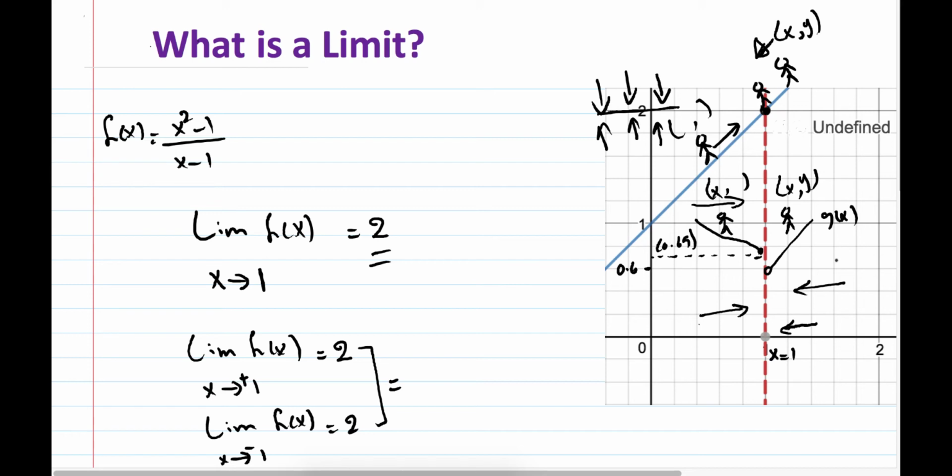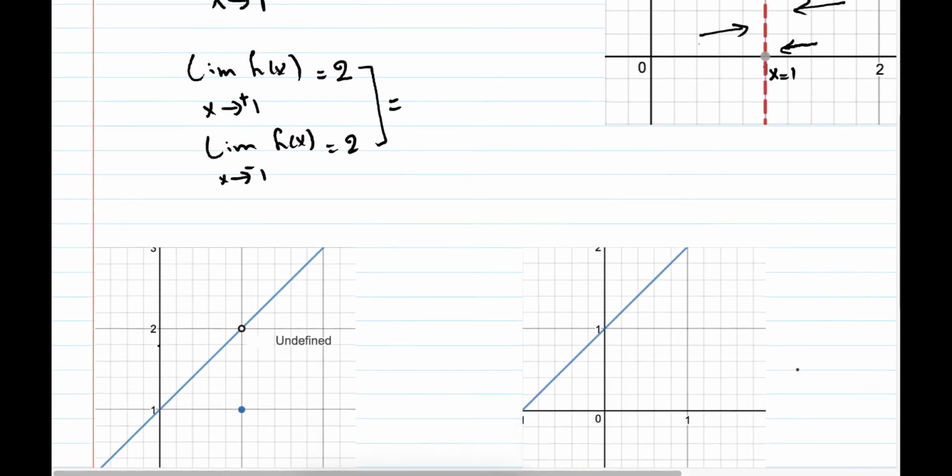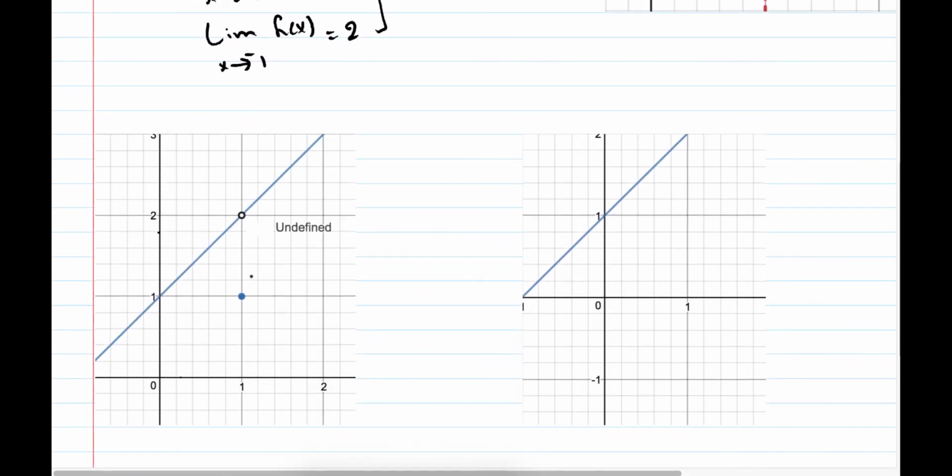And again and again, we are not interested in the value of the function at that particular x value. Okay, so here we are not interested in what the function gives us at x equaling to 1. We are interested in what the function approaches as we go toward x equaling to 1. So for example, if you have a function like that, as you can see, at x equaling to 1 the function is defined.